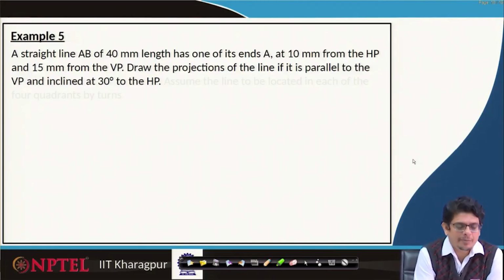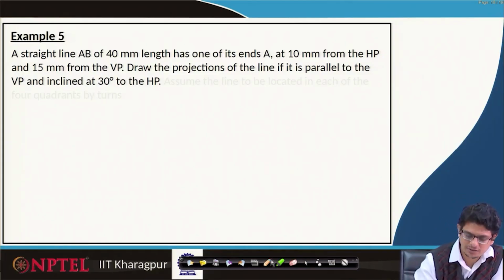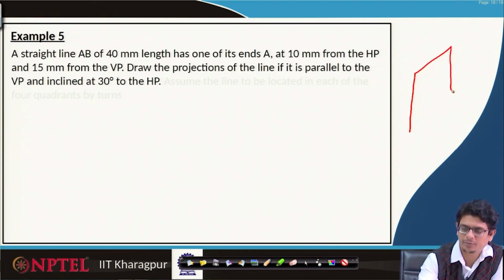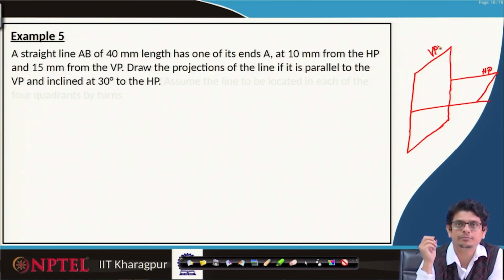There is a straight line AB of 40 mm length, has one of its ends A at 10 mm in front of HP. So, if we are again drawing this picture, the schematic, what one should have in mind always, this is the vertical plane, this is the horizontal plane, let us call horizontal plane, this is vertical plane and this is the xy axis.